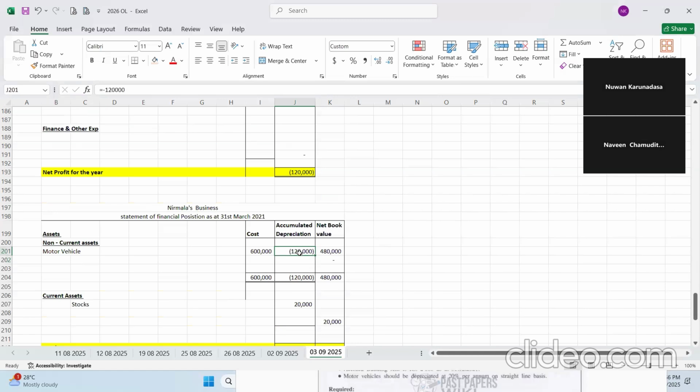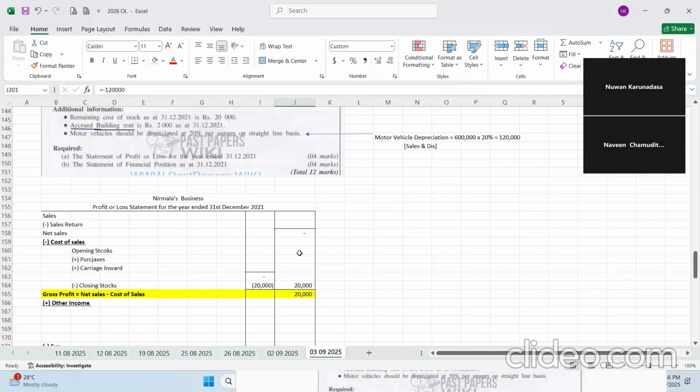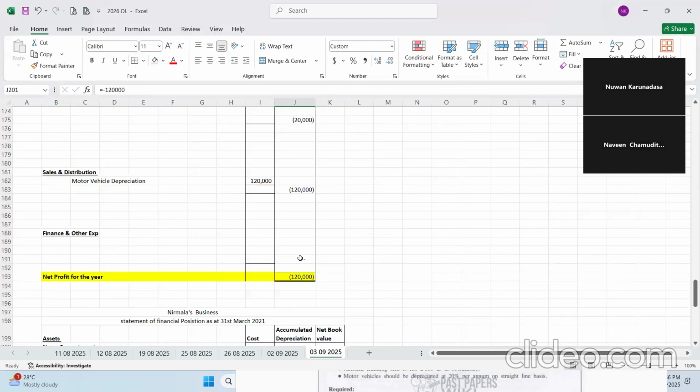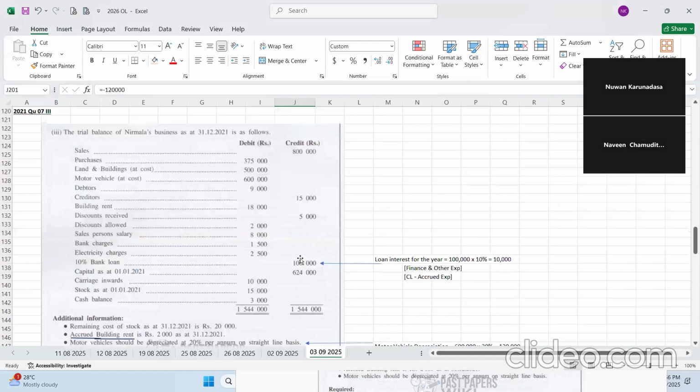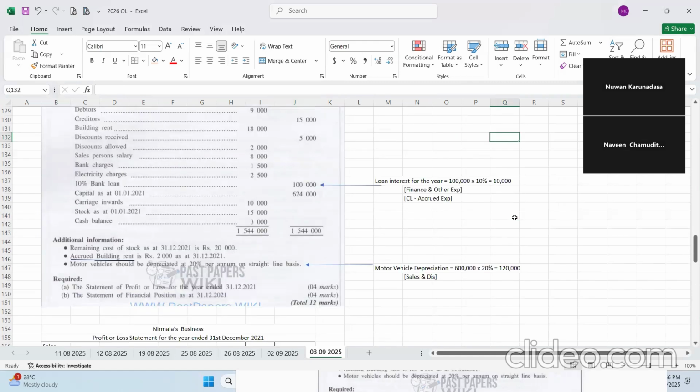Accumulated means charge for the year plus the opening balance. In this question, they haven't given you the opening balance, then the accumulated will be the charge for the year. Very important. It's done. Then the next adjustments, that's all the adjustments; the rest will come from the trial balance.